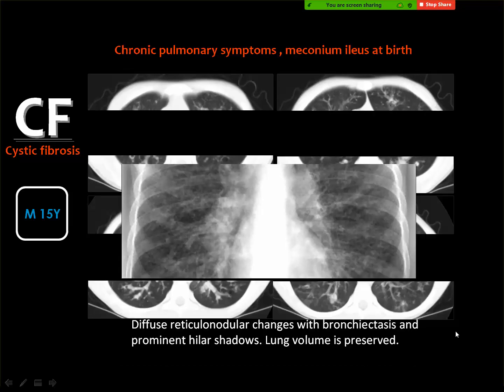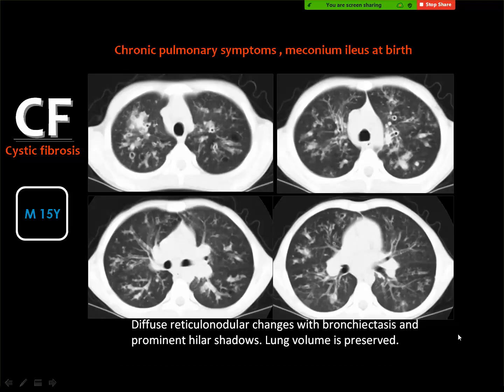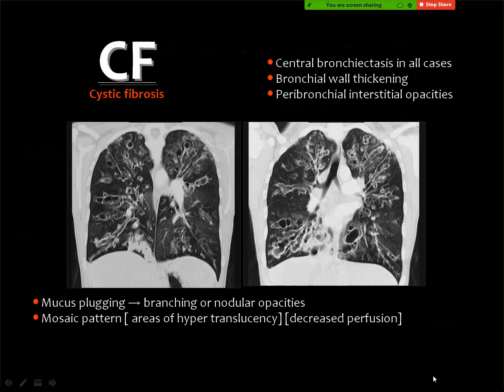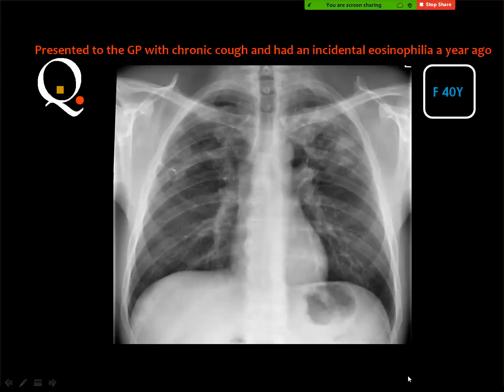If you are asked about the differential diagnosis and you need the help of CT, and you see the bronchiectatic changes and the mucus plugging, then you can easily reach the diagnosis of cystic fibrosis, especially if you know that the patient had meconium ileus, as there is an intimate relation between both conditions. Another example: you see the bronchiectatic changes, and also the mucus plugging.